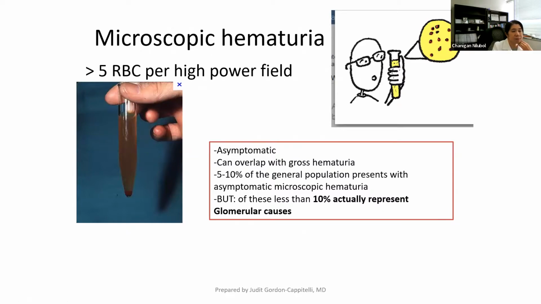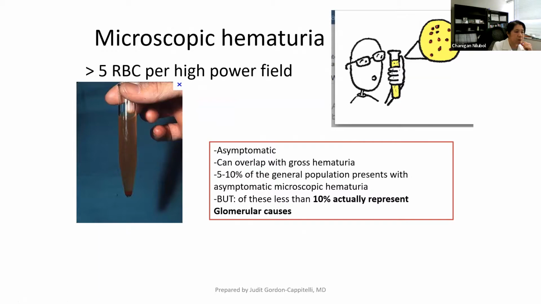And when we typically talk about patients with hematuria, they can be asymptomatic, right? And sometimes they may see gross hematuria. 5 to 10% of the general population can have microscopic hematuria without having a kidney disease diagnosed.